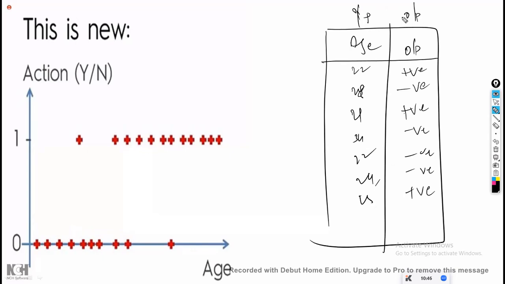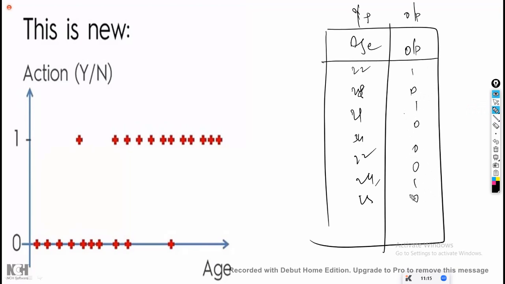Now, if you draw the scatter plot, since the words negative and positive are there, first we have to do the encoding. Since it is a binary classification, if you do one hot encoding or label encoding, there will be no difference. So simply I'm going to do the encoding as 1 0 1 0 0 0 1 0.